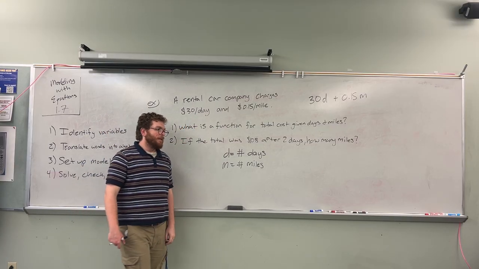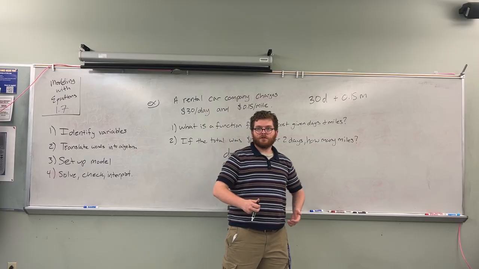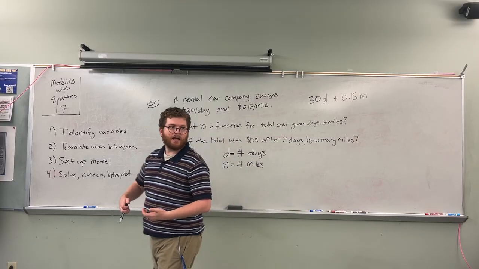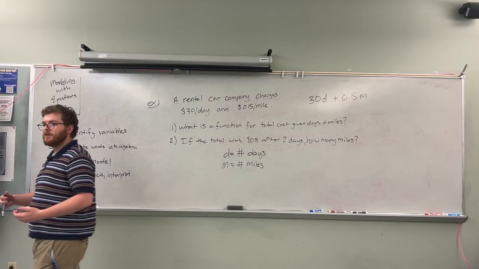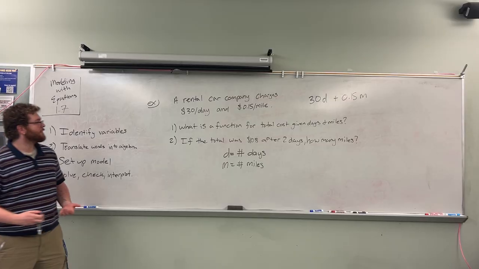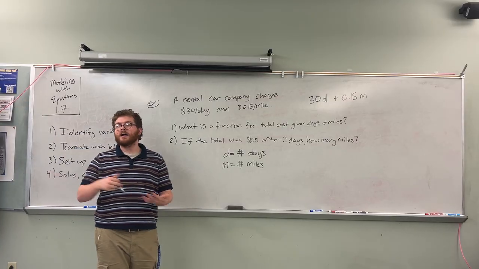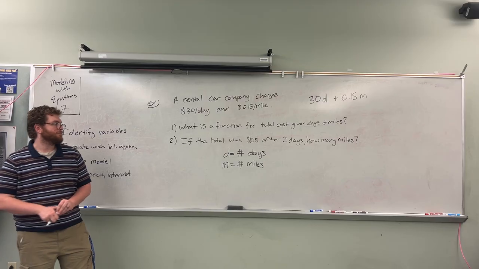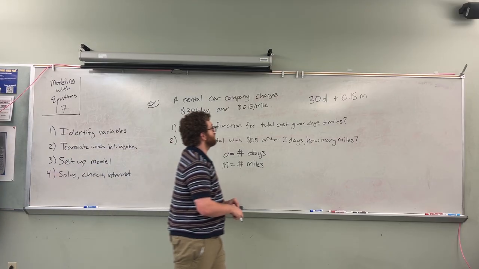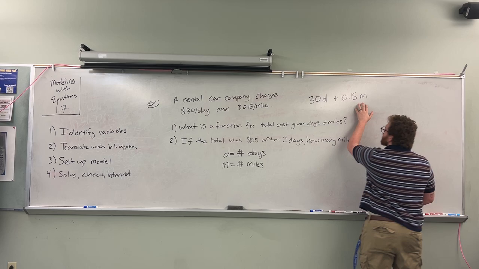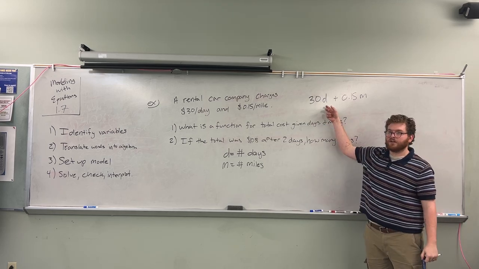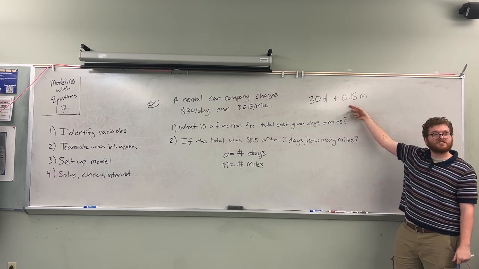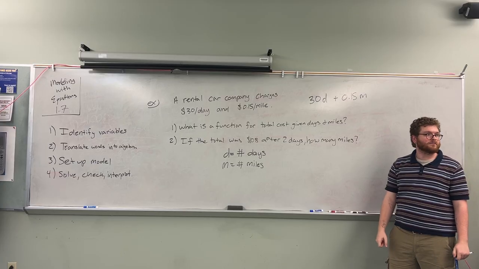So like, it cost me $7 per drink at a Braves game because they are ludicrous with their prices. So 7 times the number of drinks would be how much I spent on drinks, which is 0 because I smuggle stuff in. Same thing for this. 30 times number of days, 15 cents times number of miles.